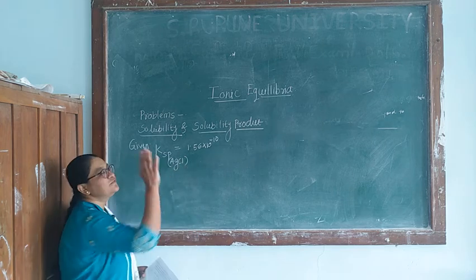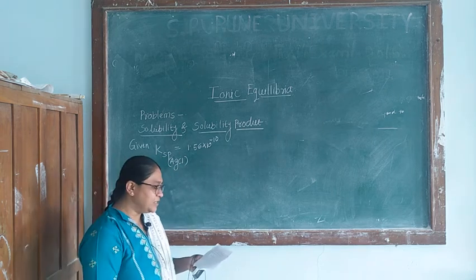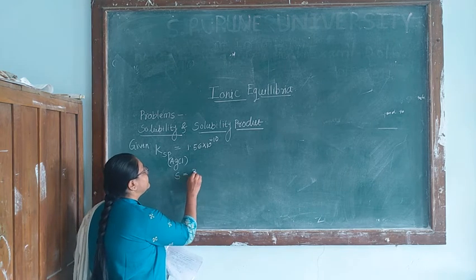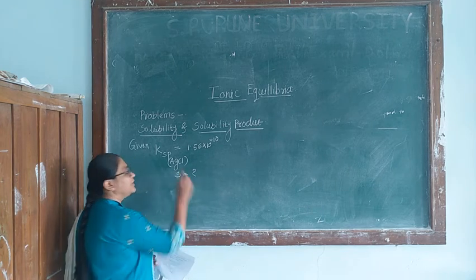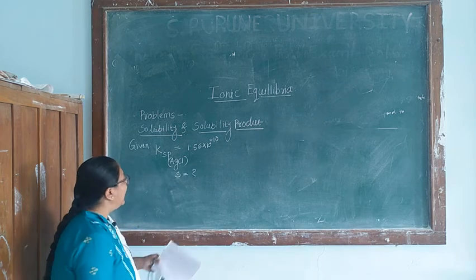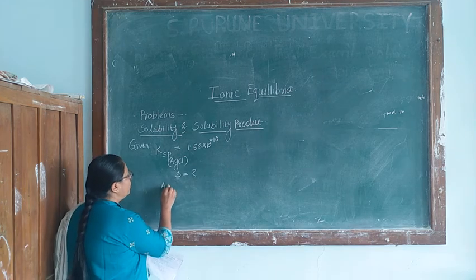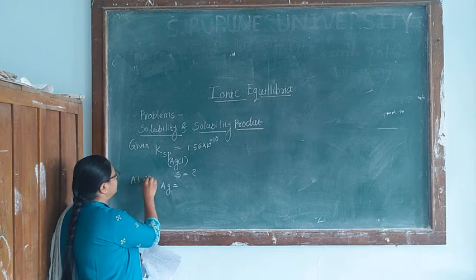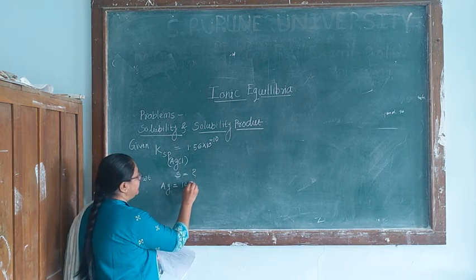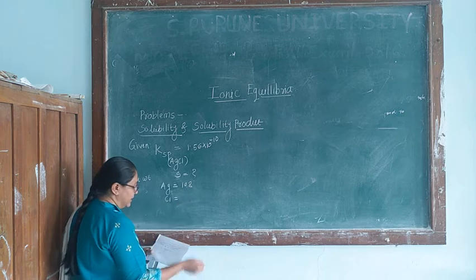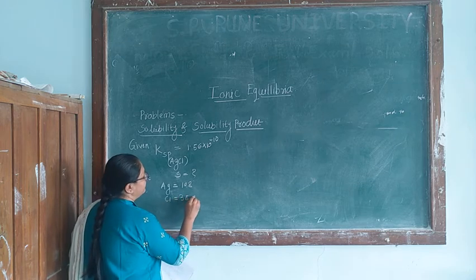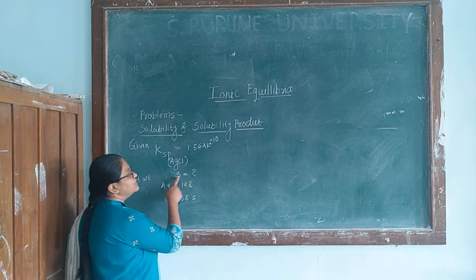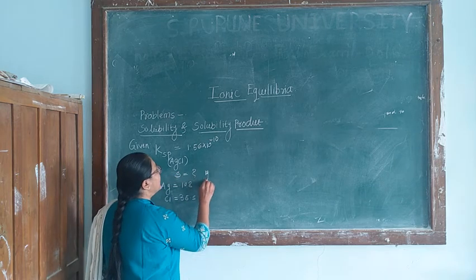We are asked to calculate the solubility, small s, of the salt, and we are given the atomic weights: for silver it is 108, and for chlorine it is 35.5.